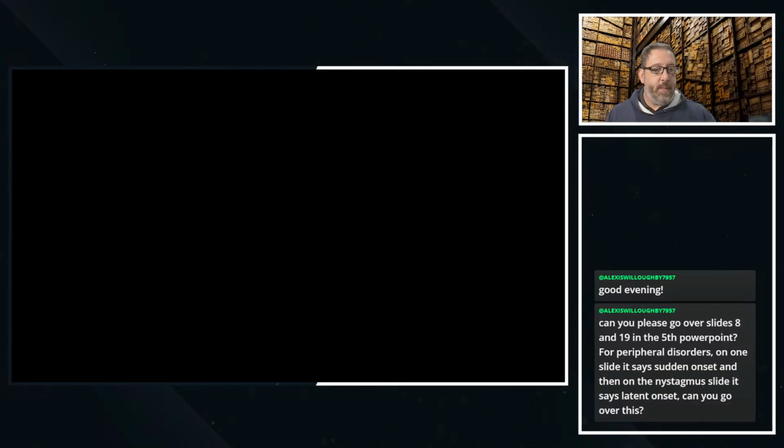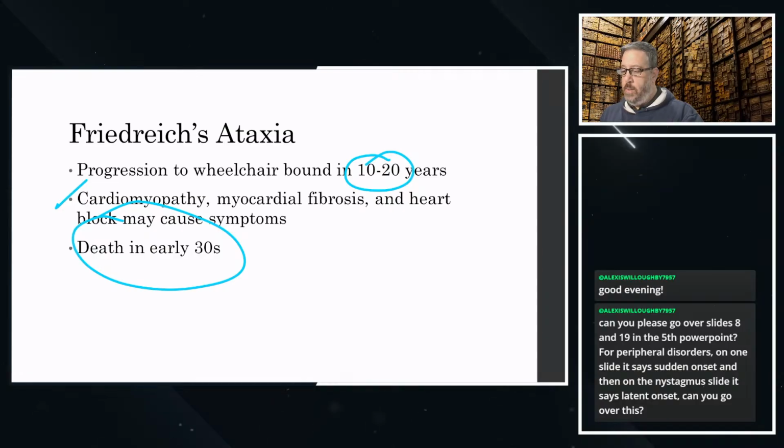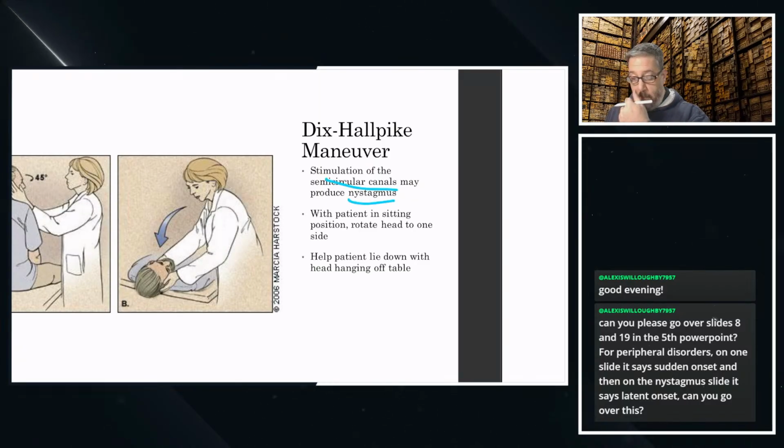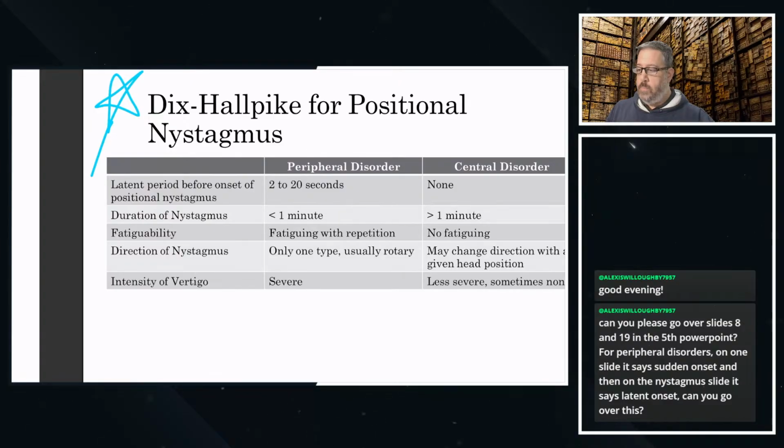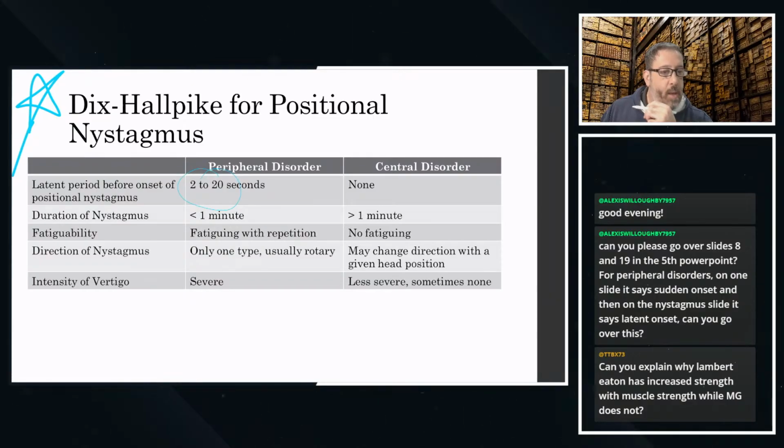Okay, first question: peripheral diseases with almost sudden onset. Talking about peripheral disorders, nystagmus, the latent period here is what you're talking about.